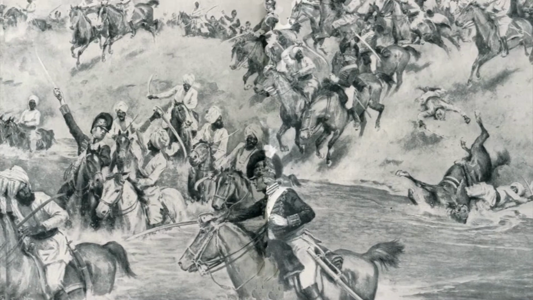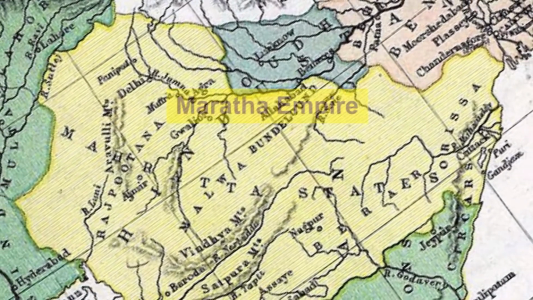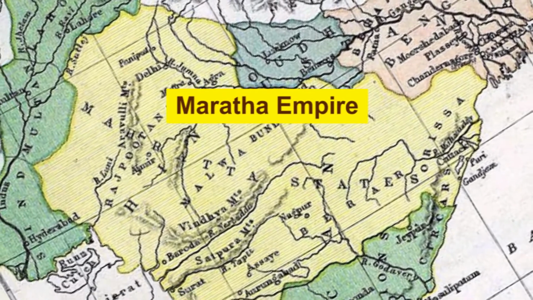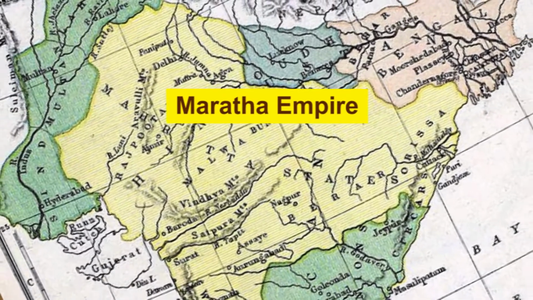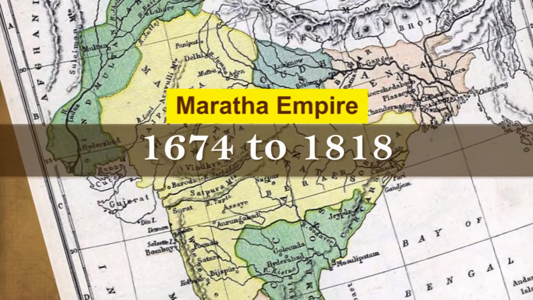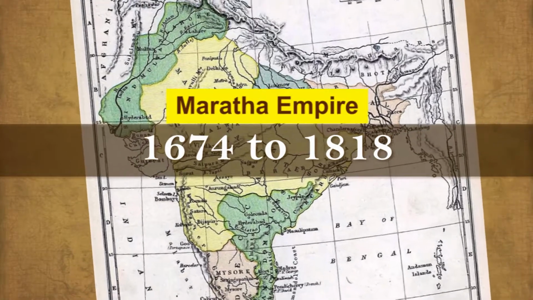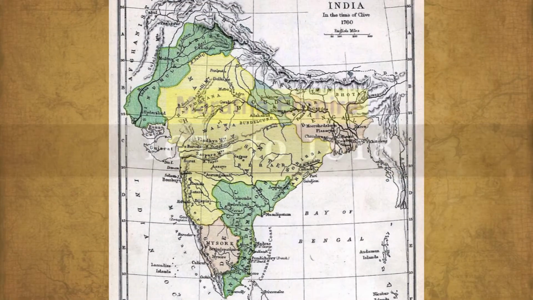From the late 18th century, the East India Company sought to curb and eventually destroy the Maratha power. The Maratha Empire, or the Maratha Confederacy, was an Indian power that existed from 1674 to 1818 and ruled over much of the Indian subcontinent.